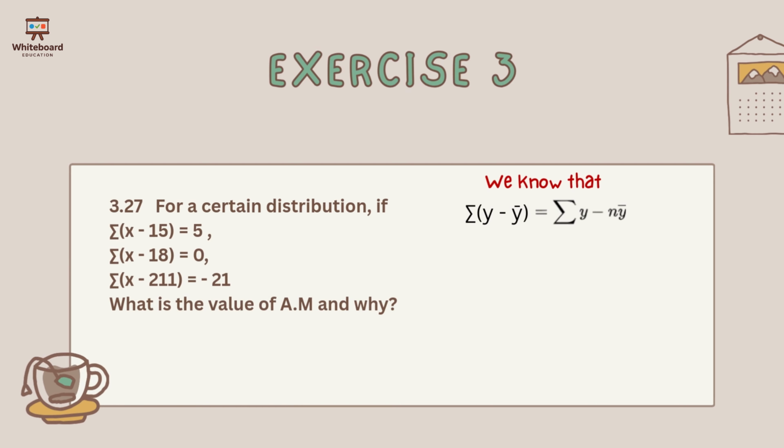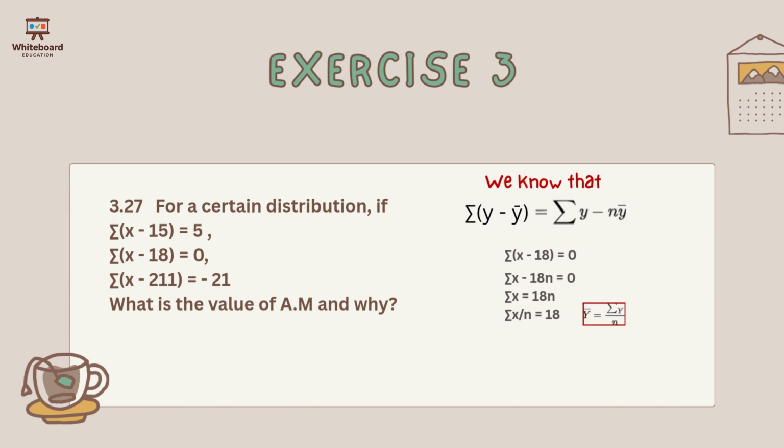Okay, we know that sigma (y minus y bar) is equal to sigma y minus n y bar. Sigma (x minus 18) is 0, so we can write it like this: sigma x minus 18n is equal to 0, right? Now, take the minus 18n to the other side of the equation. So sigma x is equal to 18n. Then sigma x over n is equal to 18. Now, notice something interesting? We have achieved the formula of the arithmetic mean. So here 18 is the arithmetic mean.